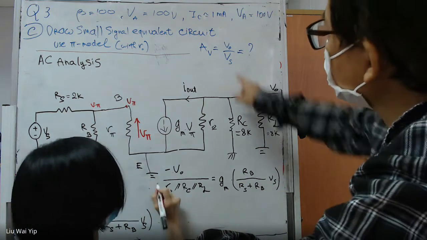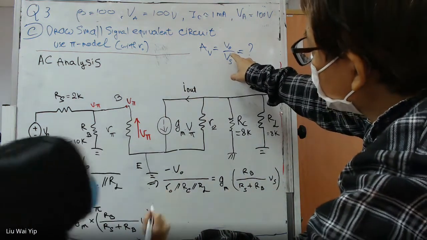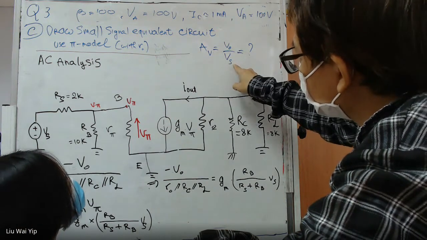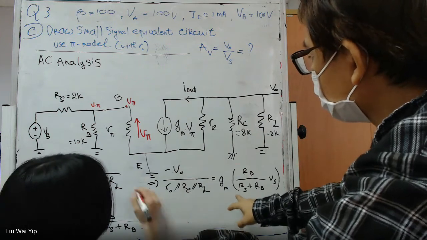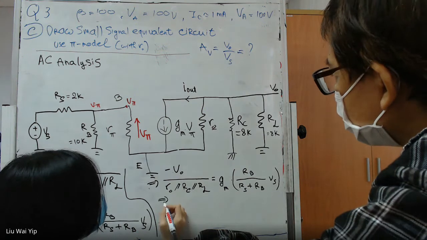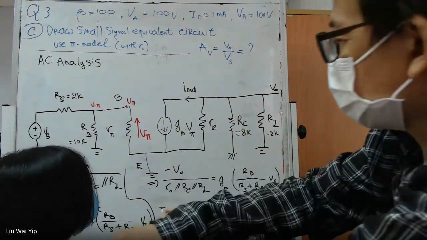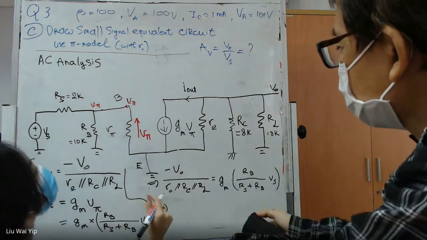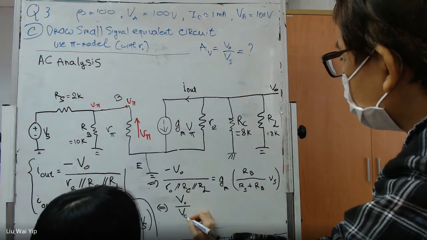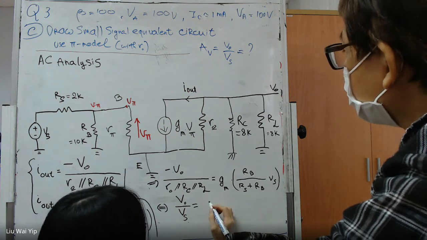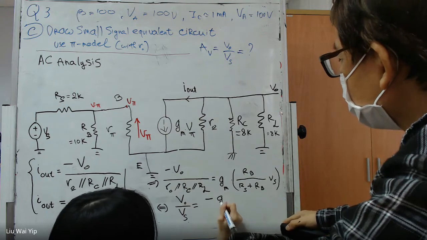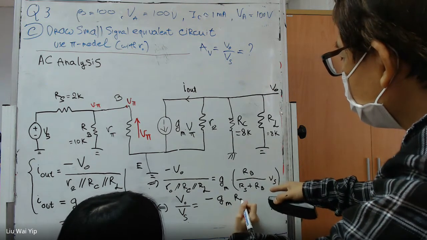Now the question asks for voltage gain, VO divided by Vs. Based on this question, do you think you can rearrange the equation? VO divided by Vs equals minus Gm, and then the resistance here.